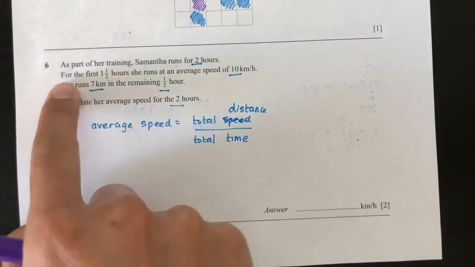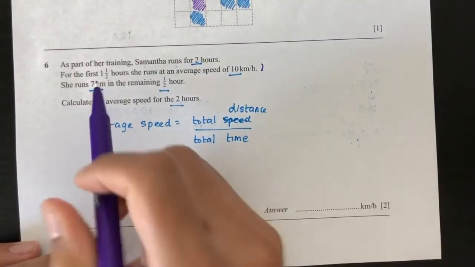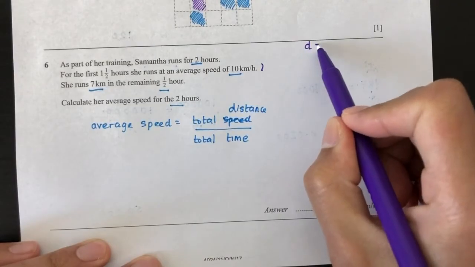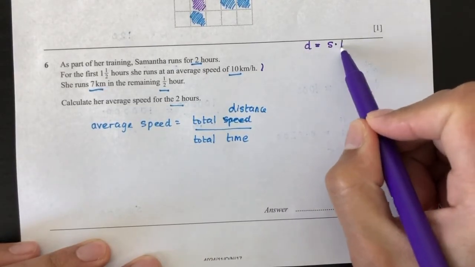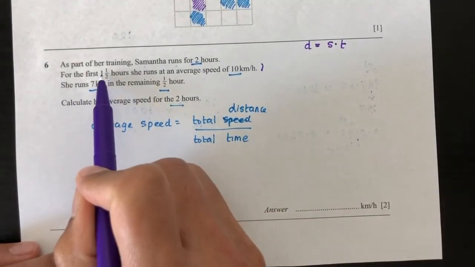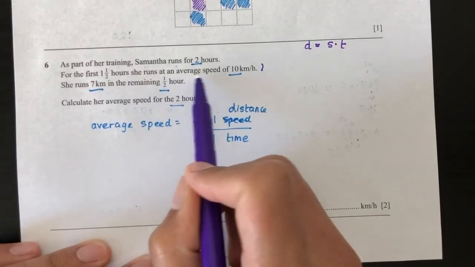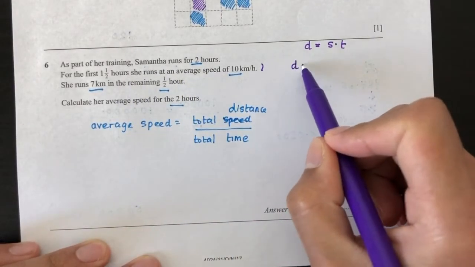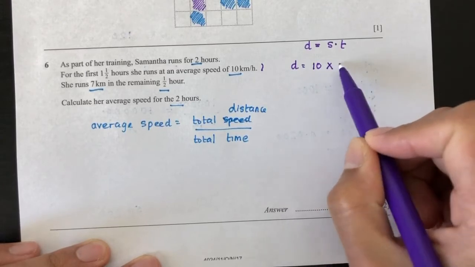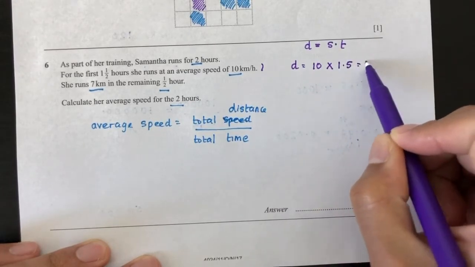For the first part, as you know, distance is equal to speed times time. For the first 1.5 hours, she runs at an average speed of 10, so the distance will be speed times time, 10 times 1.5. That will be 15 km.